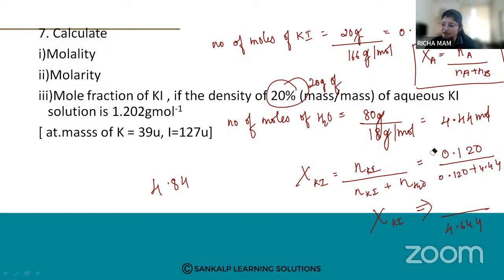So the value will change. So 0.120 plus 0.444. Yes, so it comes to 4.56. Now you do this.